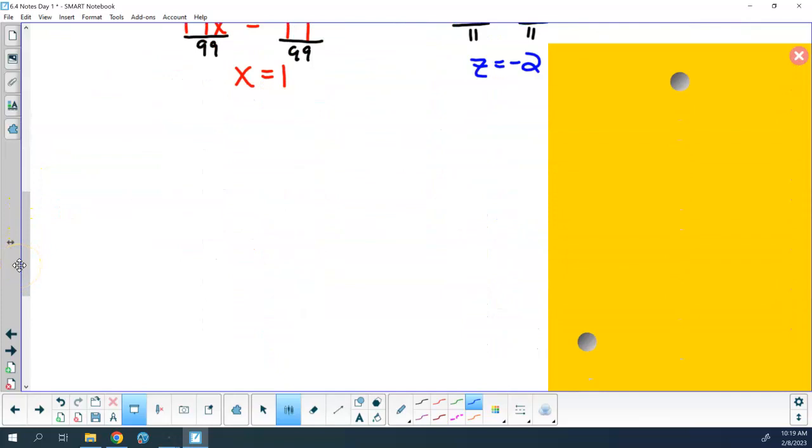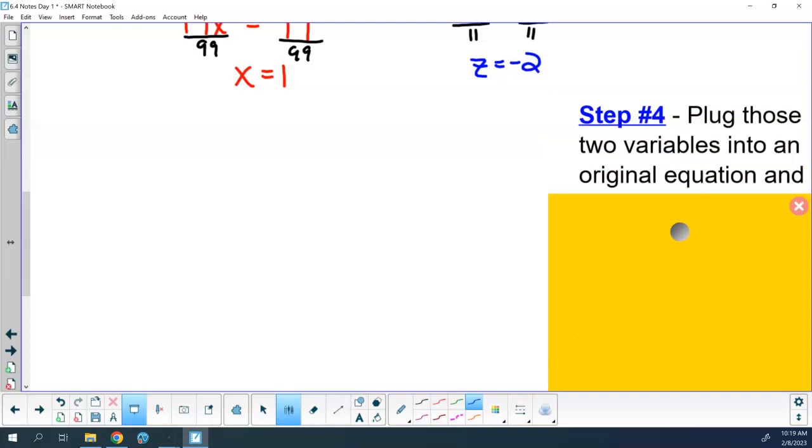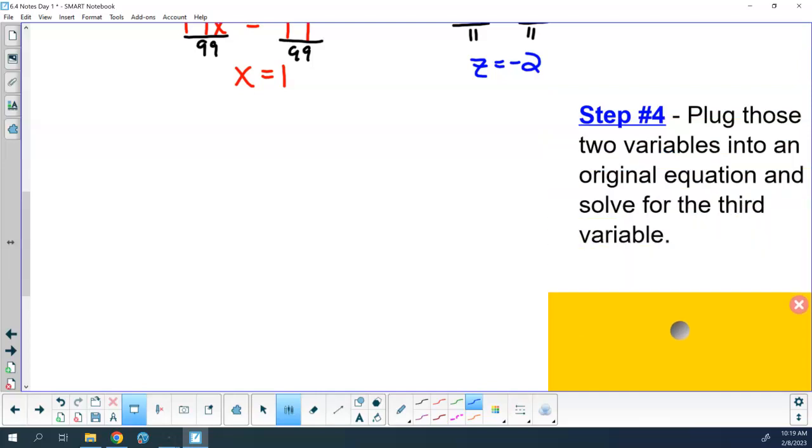Now what do you think we should do? Which one? Just one of them, right? Okay. Yep. So we're going to plug those two now into one of the original equations.